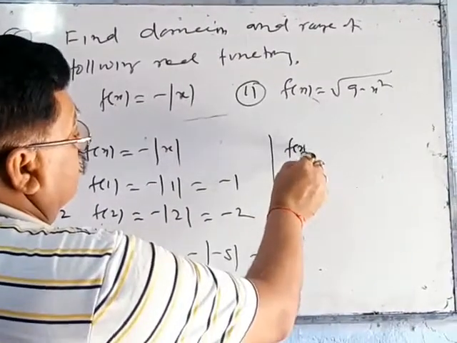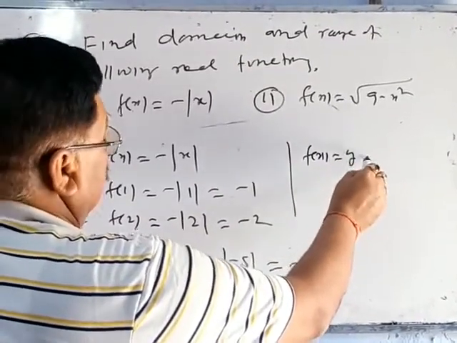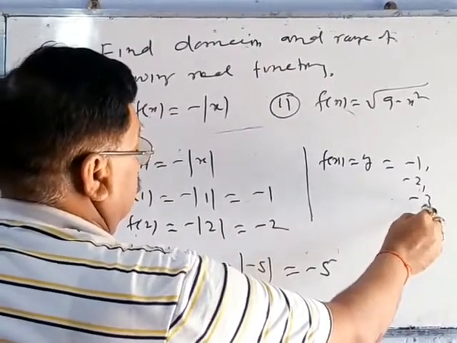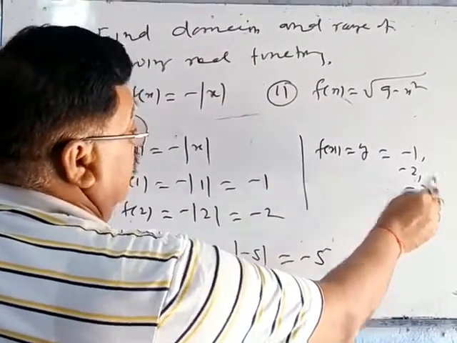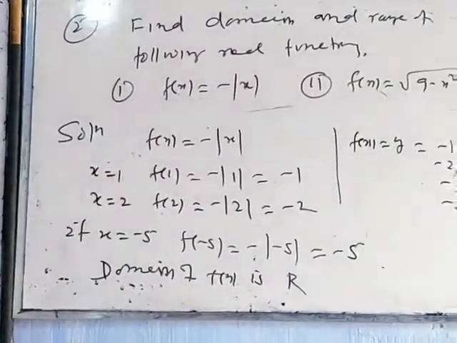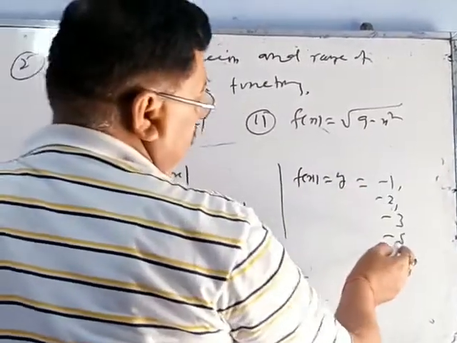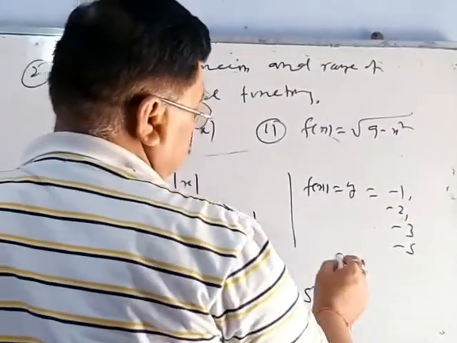f(x) is equal to y, and we are seeing minus 1, minus 2, minus 3, minus 5. Any negative values, we are getting negative values. So the range, the value of y, is negative integers, negative real numbers.